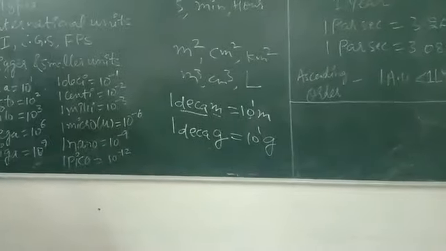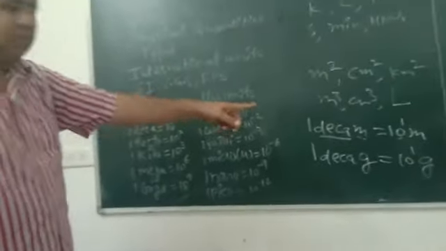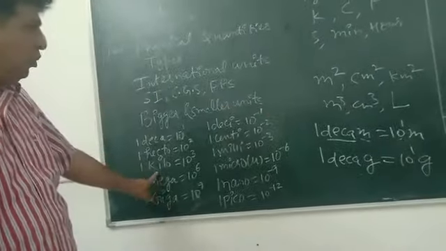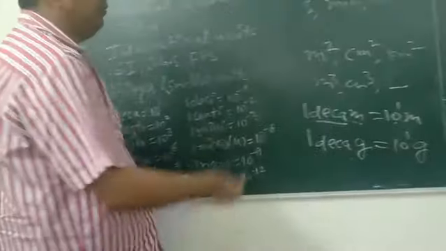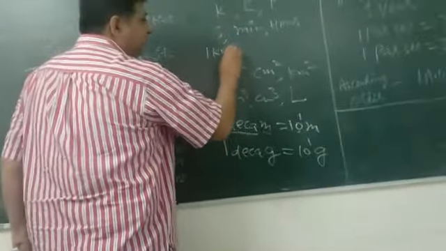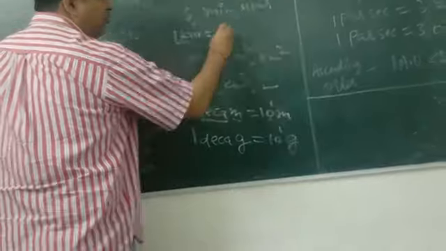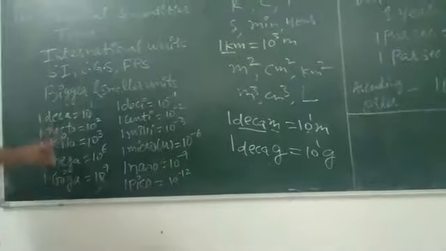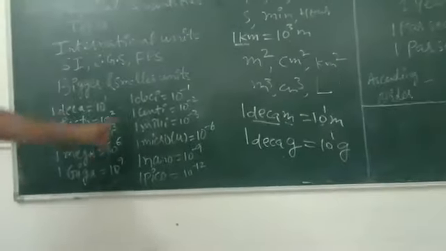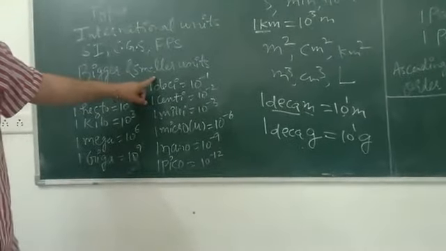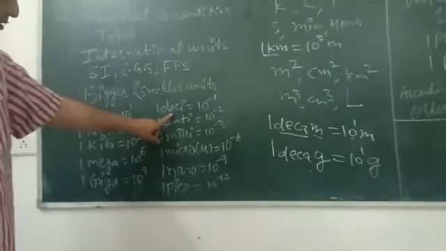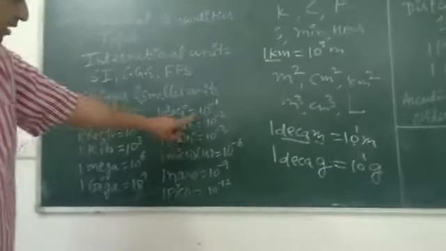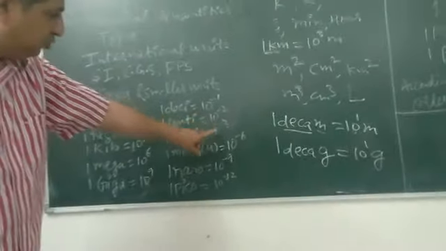Okay? Similarly, we have hecto, 10 power 2. Kilo, 10 power 3. Like 1 kilometer is 10 power 3 meter, 1000. Okay? Similarly, we have smaller units as well. Deci, centi, milli, 10 raised to power minus 1, minus 2, minus 3.